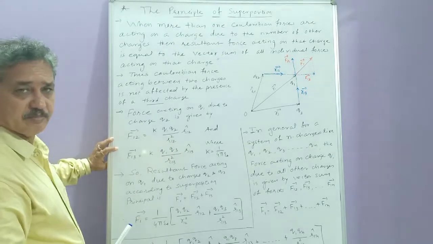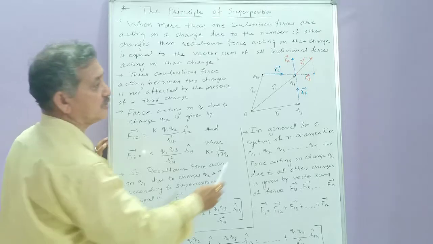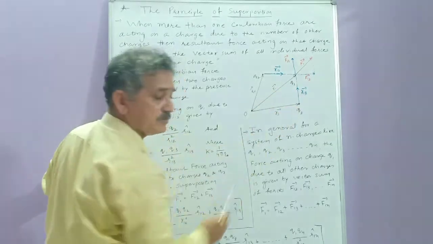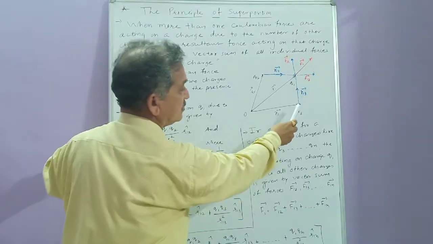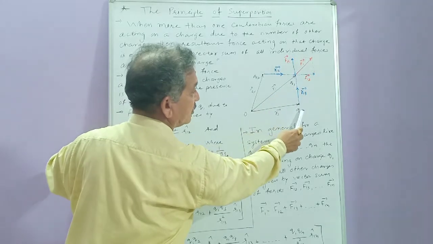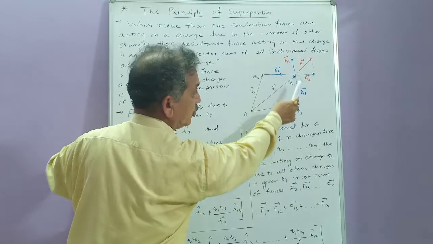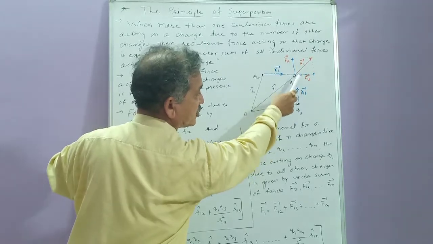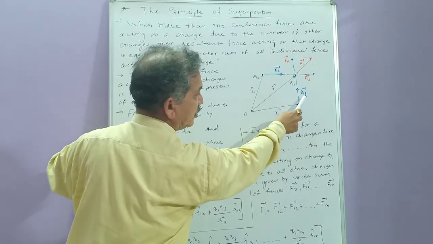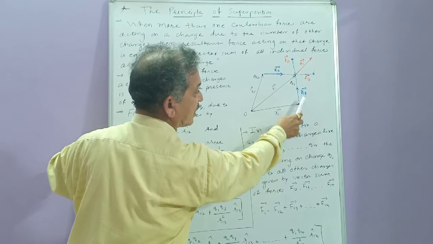At the same time, the force acting on this charge Q1 by Q3. So by joining here Q3 with Q1, you can see that the arrow is in the direction from Q3 to Q1. So it is a position vector of charge Q1 with respect to Q3. So it is denoted by symbol vector R13.